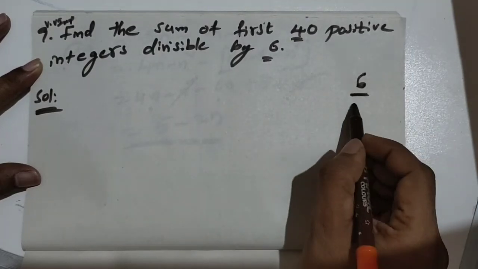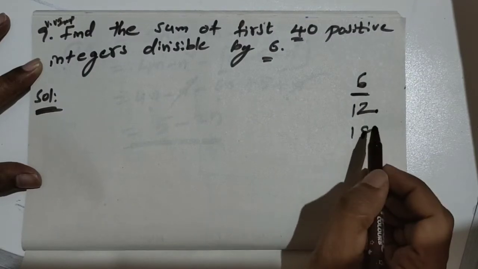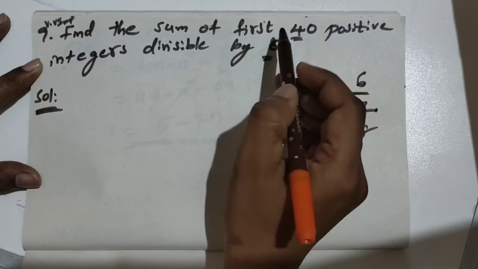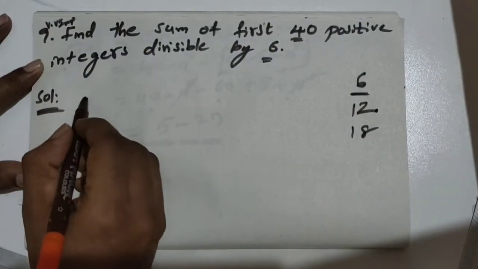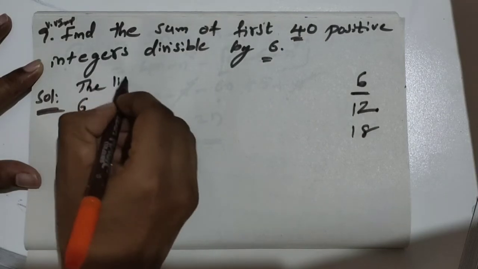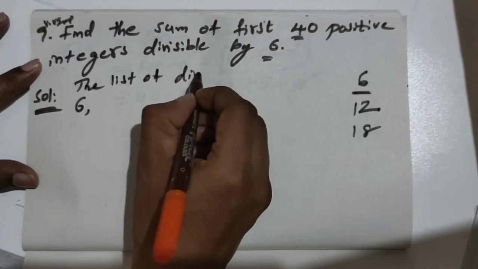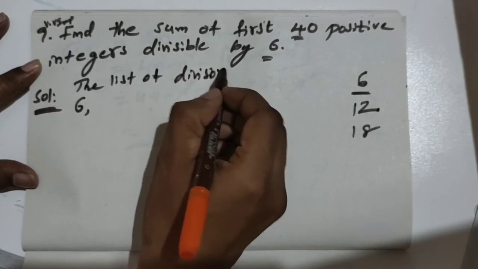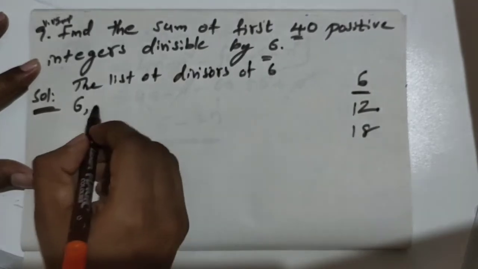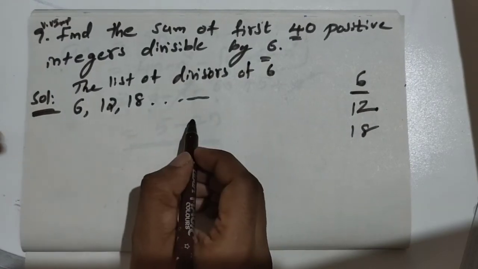So the next simply we can say what? 12, and the next 18. So up to how many you have to write? 40. So here the list of multiples of 6 is 6, 12, 18, and so on.